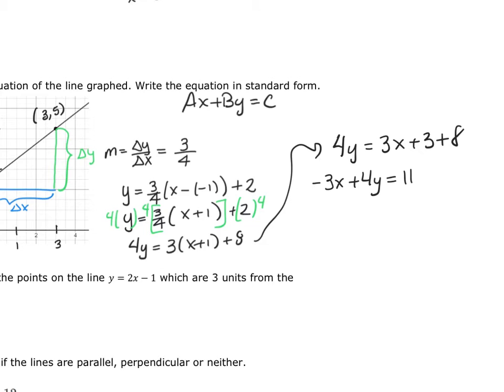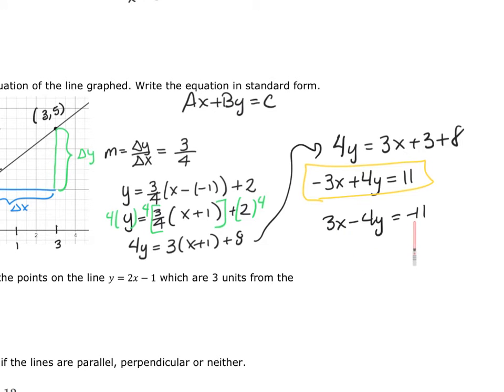Now, standard form usually has a positive leading coefficient, but it is not incorrect to leave it like this. I could leave it totally like this. Typically, though, we write this as 3x minus 4y is equal to negative 11, because standard form typically likes to have a positive x. That means all the other signs need to change.